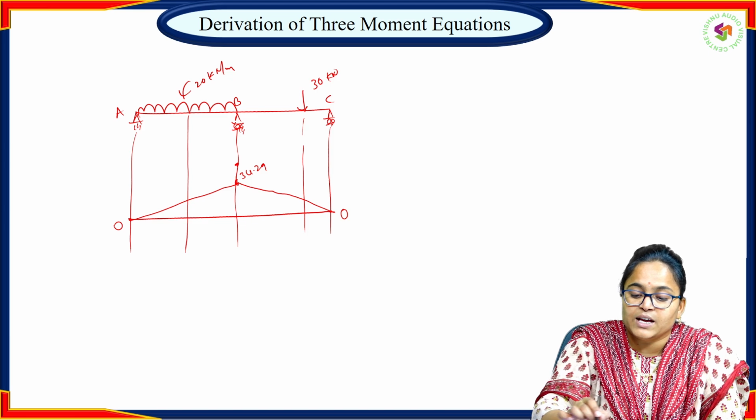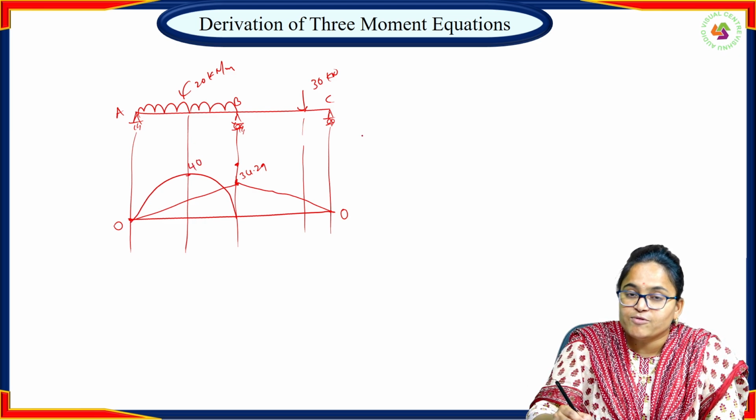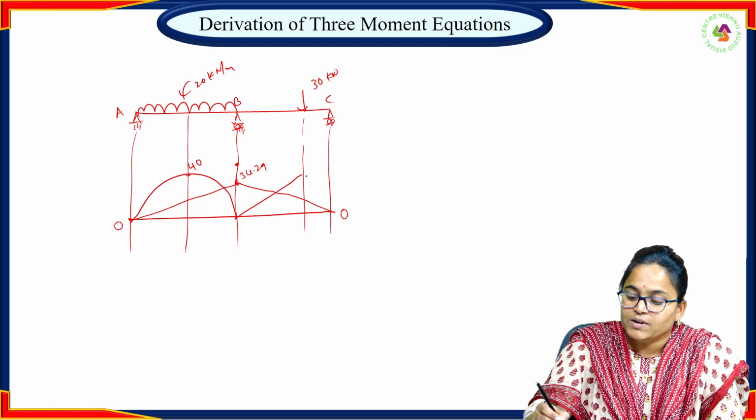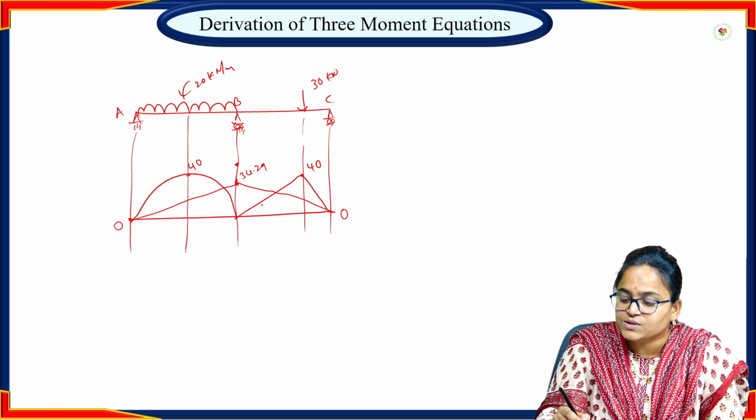Next, in the AB span, due to the applied loads, we know the free BMD is a second degree parabola, and this ordinate is 40. In the BC span, we'll get a triangle due to the point load, and this value is also 40. This zone will be neutral, this zone will be neutral, and this zone in the BC span will be neutral.